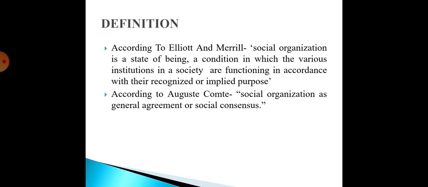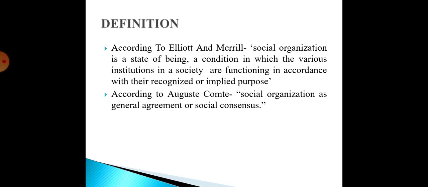Okay, next we will see exactly what is meant by social organization. First, the definition of social organization according to Eliot and Merrill. Social organization is a state of being, a condition in which various institutions in society are functioning in accordance with their recognized or implied purpose. Social organization as a state of being means we are living in a social organization.